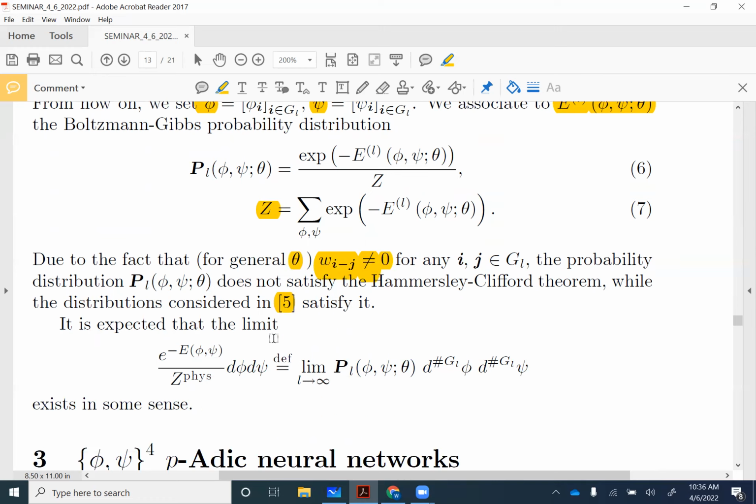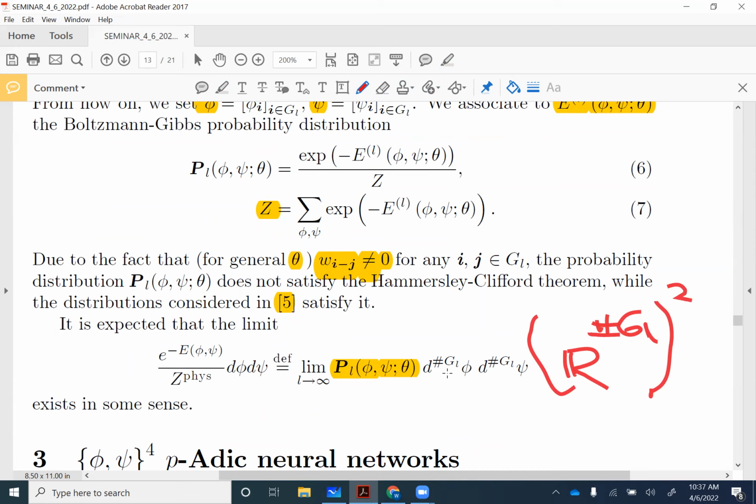Now, it is expected that the limit of this probability distribution, notice that here I'm assuming that PL is a function in this space. Here I have to put the cardinality of GL, and then I need a second copy, okay?